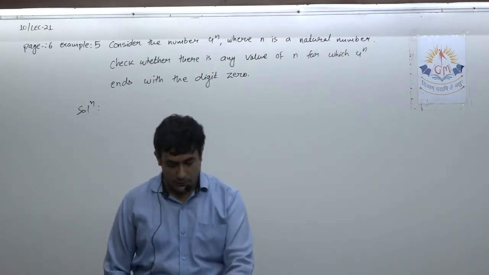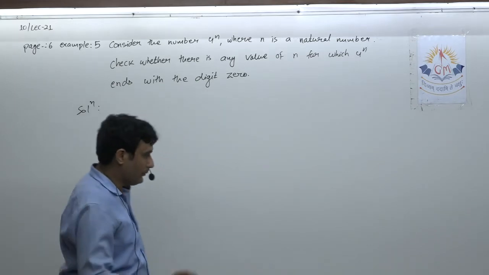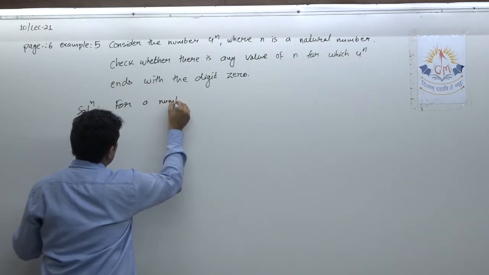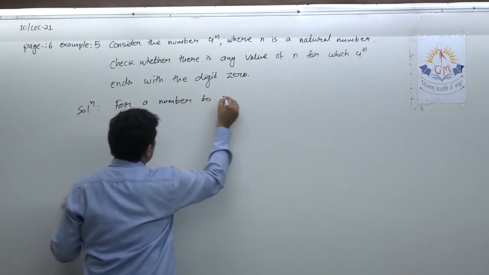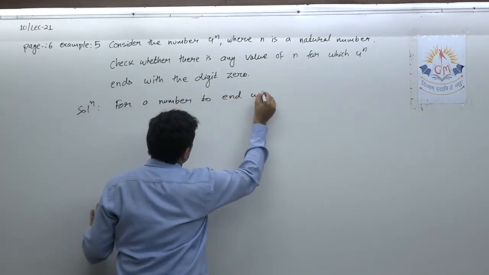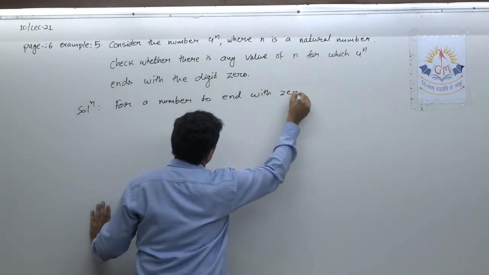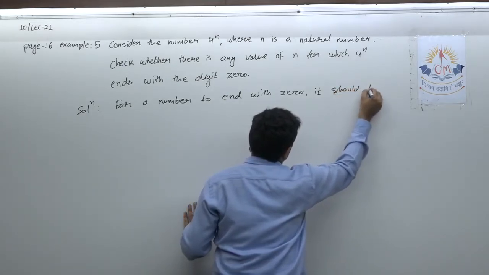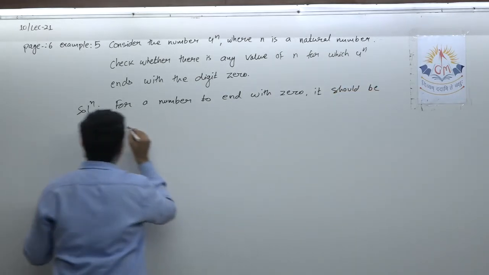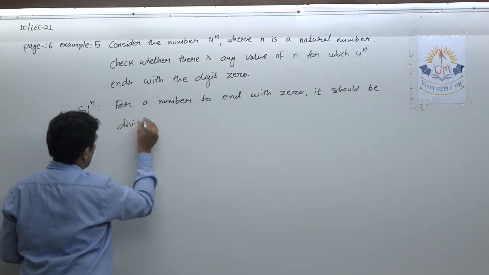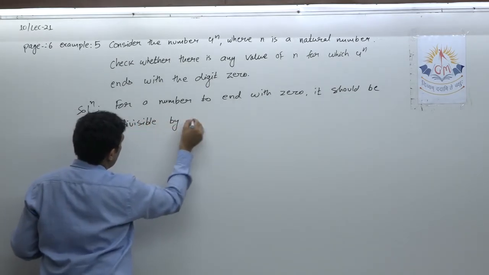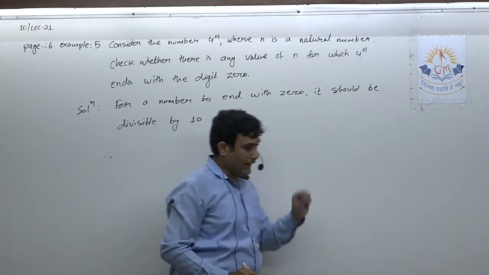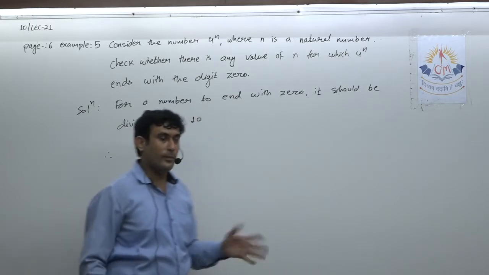For a number to end with 0, it should be divisible by 10, isn't it? If there is a number that ends in a 0, then definitely it should be divisible by 10.